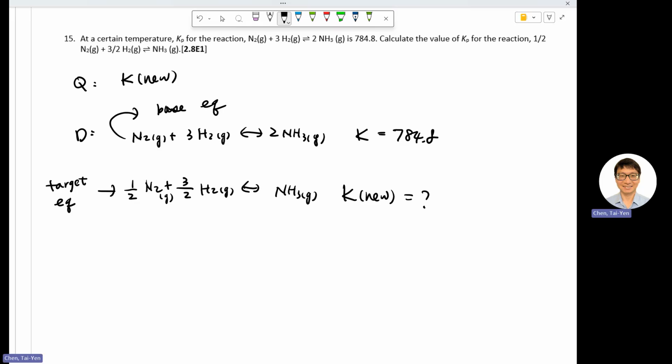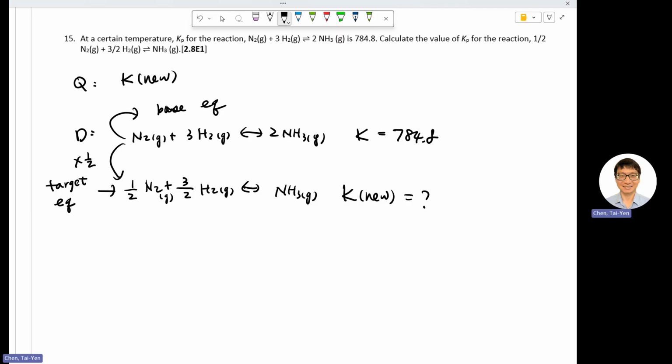When you compare your target to the base, what's the difference? It's very simple, right? If you look at this, you realize the difference is simply a coefficient difference. From here to here, you multiply by a coefficient of 1/2, right?